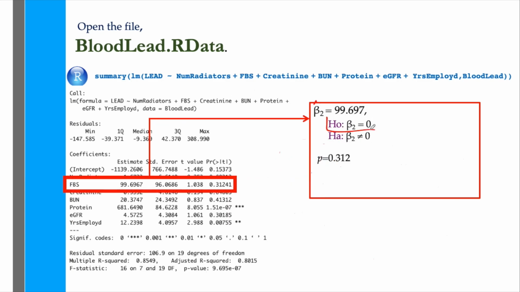Meaning, we have a reason to believe that beta sub 2 is 0. Or in other words, when we get the population, there's a chance that beta sub 2 is 0. So we do not reject the null and claim that there's no evidence that beta 2 is not 0. So this tells us that likewise, FBS is not a predictor of blood lead.